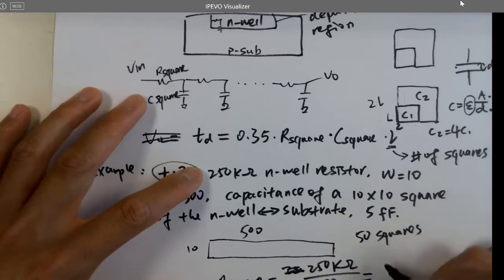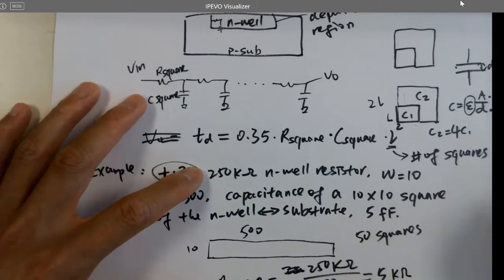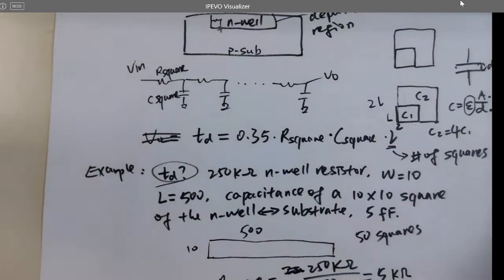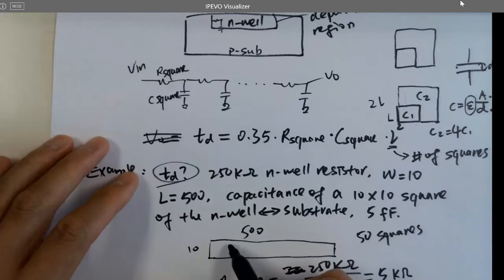So each one is 5? Yeah, 5 kilo ohm. That's R square, right? Each square. The sheet resistance.